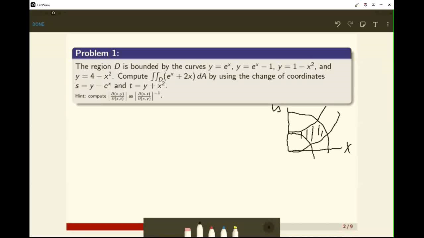But we can take advantage of the fact that the derivative of an inverse function is given by the inverse matrix of the derivative.